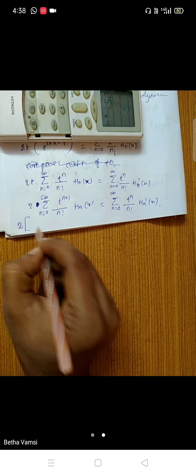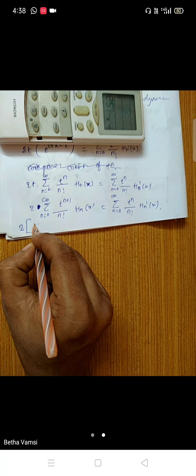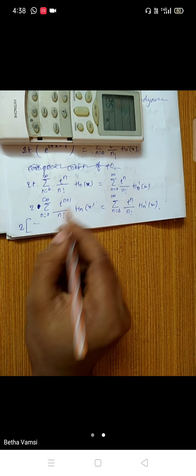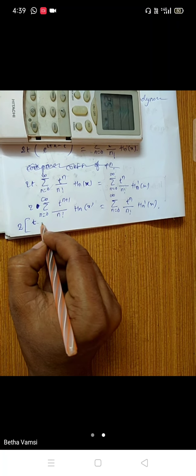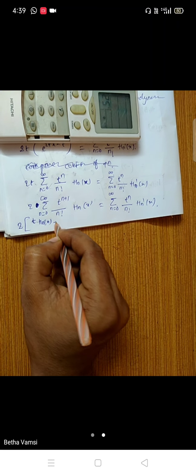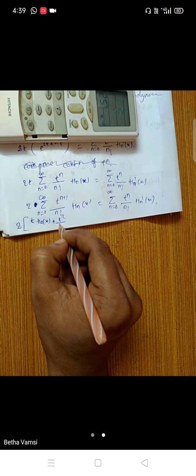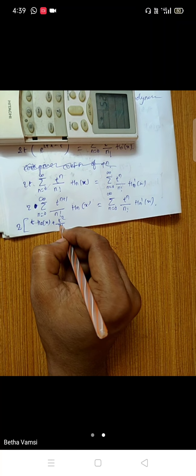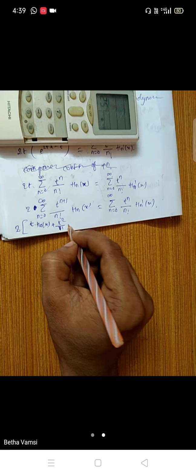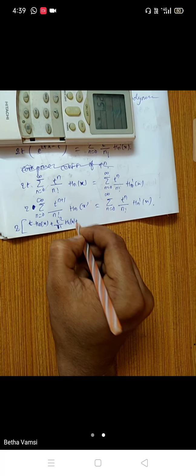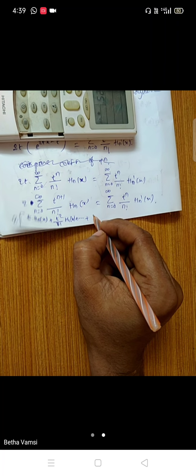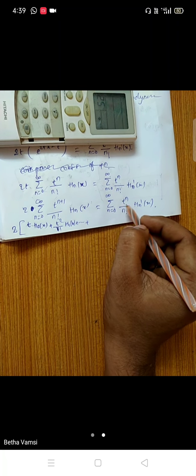2 times of, if you get the expansion, then t into H naught of x plus t square by 2 factorial into 1 factorial H1 of x, up to and so on, plus, so we want the t power n coefficient.